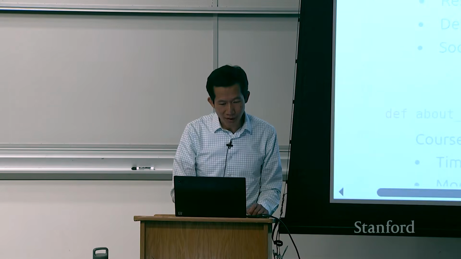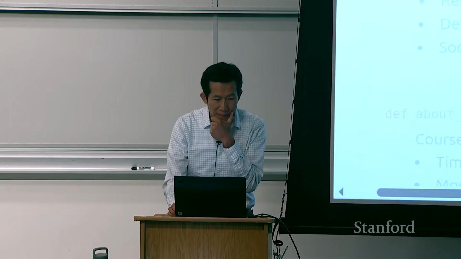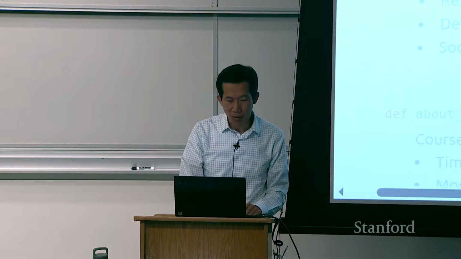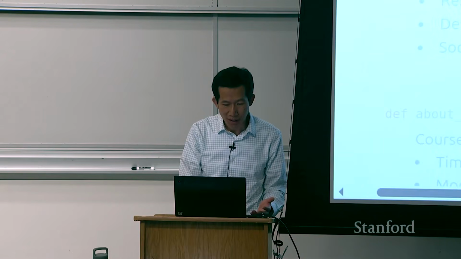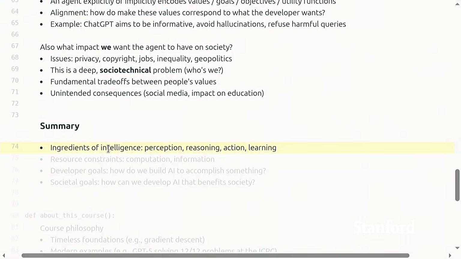Okay, so let's summarize here. So what is AI? Well, there are some examples of AI that hopefully everyone's familiar with, but breaking it down into the four ingredients of intelligence: perception, reasoning, action, and learning. All of this has to happen under resource constraints: limited compute and limited data.